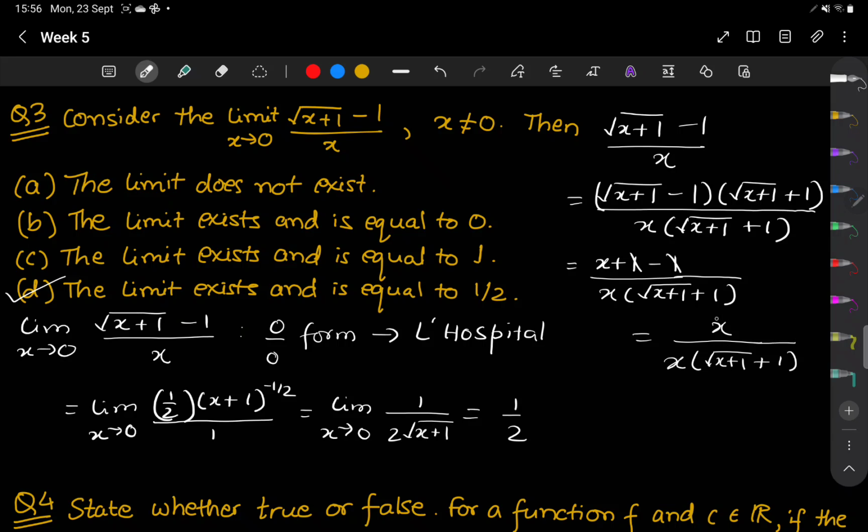And again x in the numerator cancels with x in the denominator. Now you can plug in x equals to 0 over here and you would get 1 over 2 once again. So this is another way of solving the question.